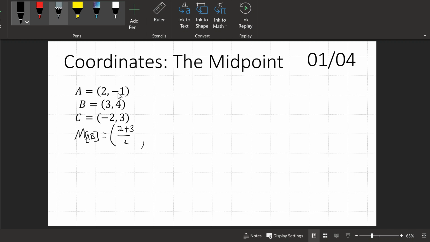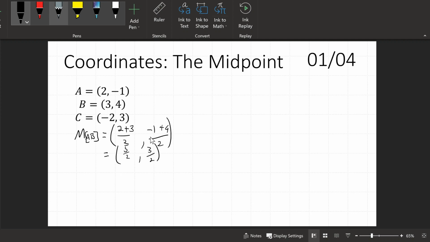And then y values are going to be minus 1. So y1 is minus 1. Y2 is 4 over 2. So if we add those together, 2 plus 3 is 5 over 2. Minus 1 plus 4 is 3 over 2.